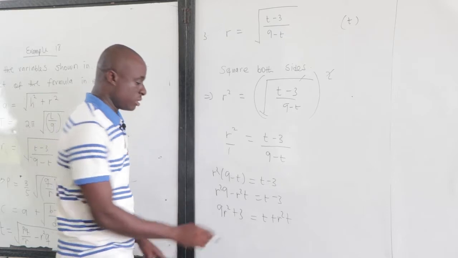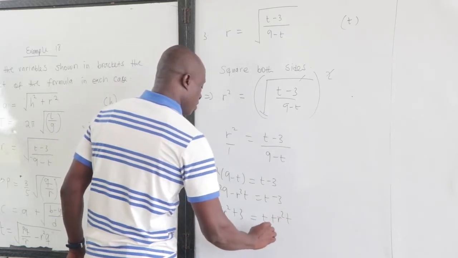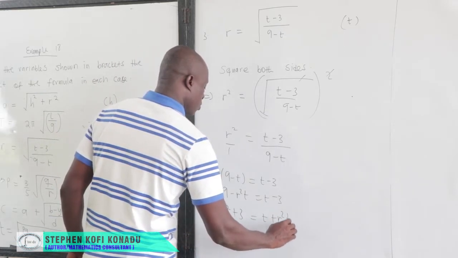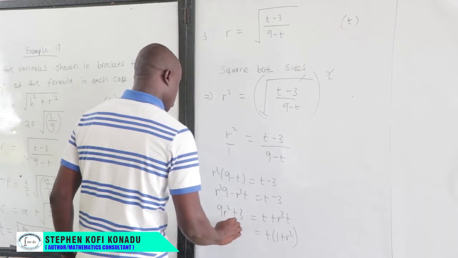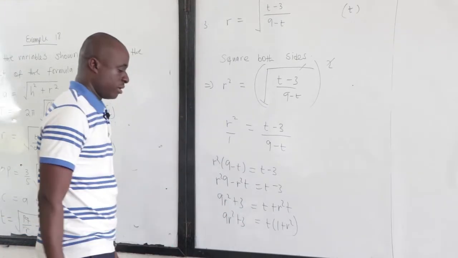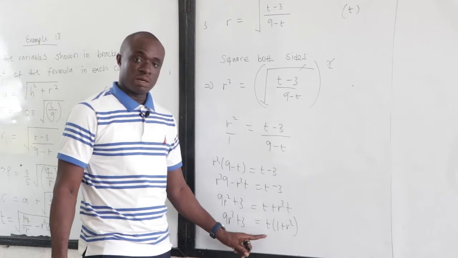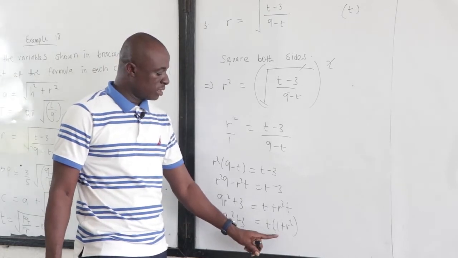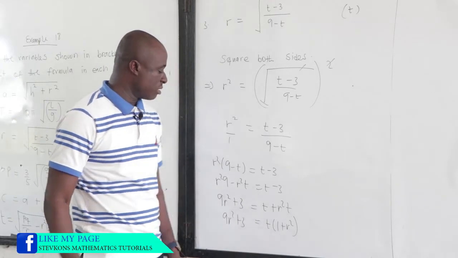We want to make t the subject. What can we see over here? We can factorize t. So you have t times 1 plus r squared, equal to 9r squared plus 3. So we divide through by what is multiplying the t, which is 1 plus r squared.